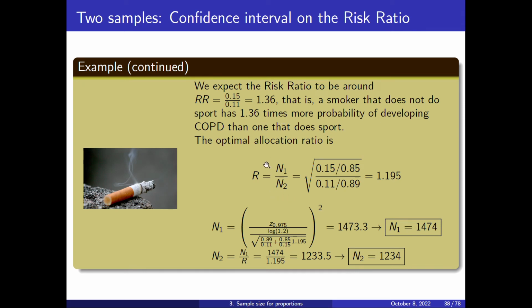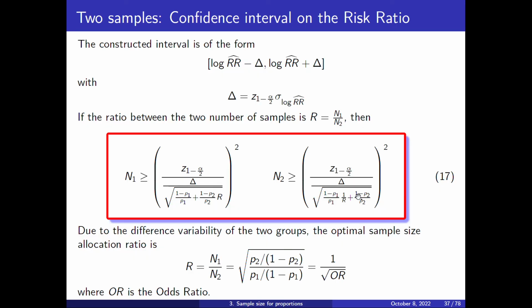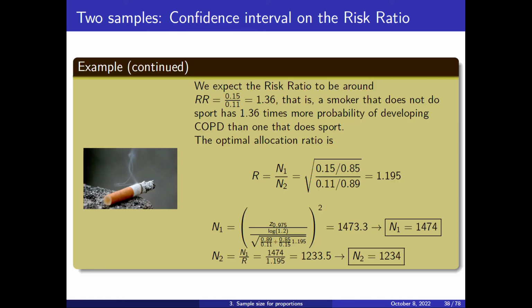And then we will, because the two proportions are slightly different, the optimal allocation is given by this one. So this risk ratio is giving us the optimal, the minimum size of N1 and N2.